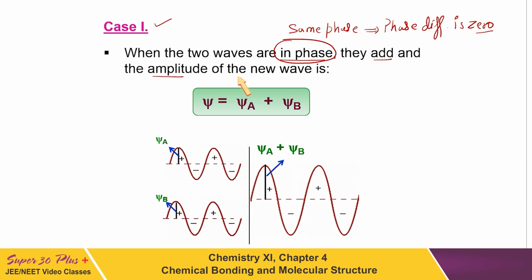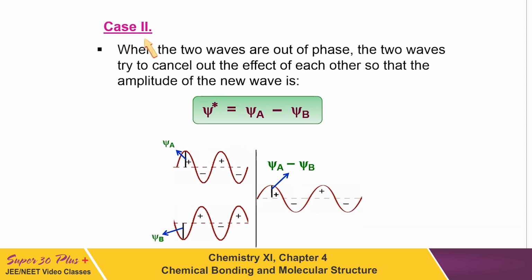As a result, the amplitude of the new wave, psi, is the sum of the wave function of A and the wave function of B, which is likely to be more than any individual wave function value of A and B. So here this bigger wave function means a bigger probability of finding the electron in the in-phase combination.